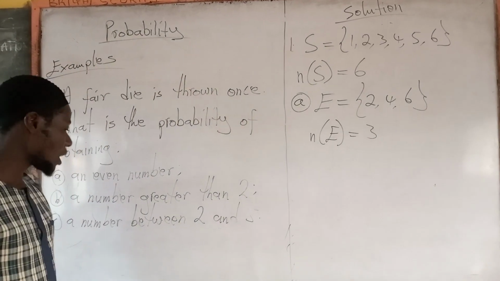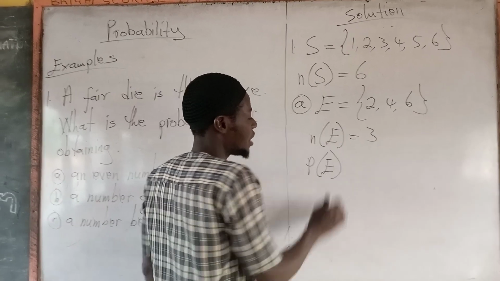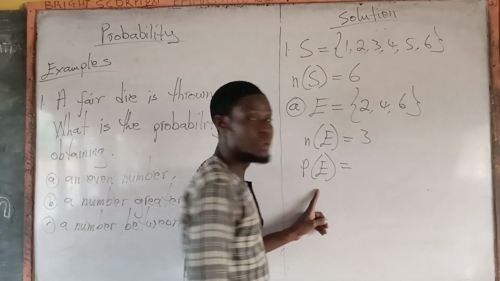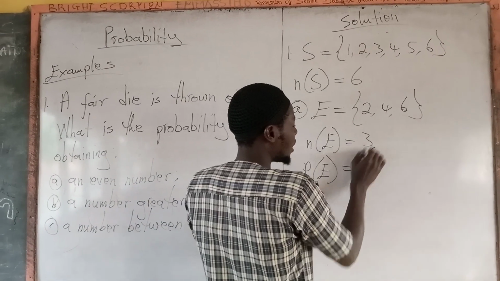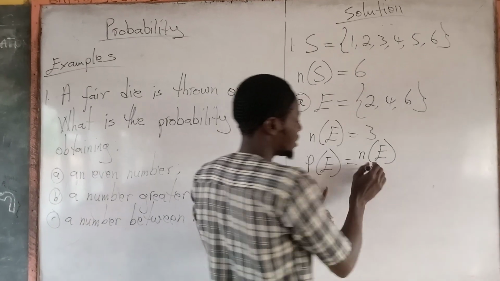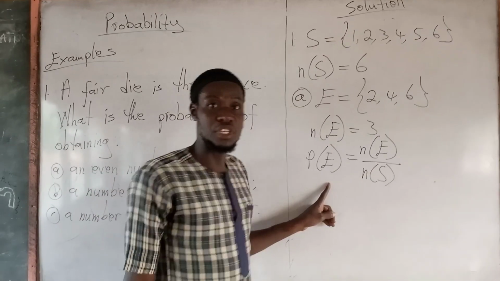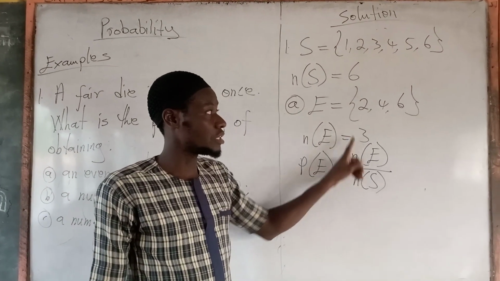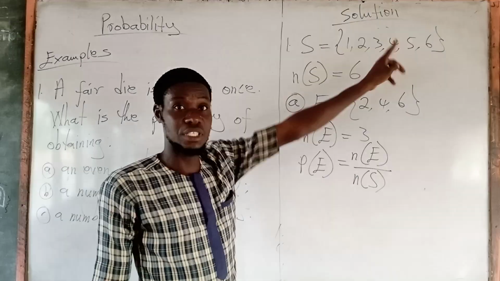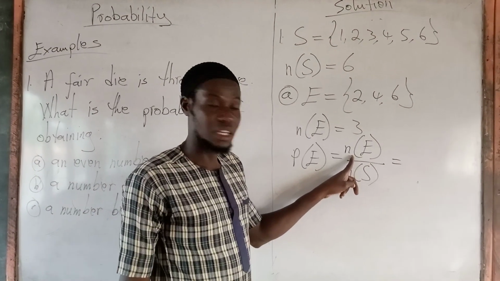Having found that, we then come and find the probability. The probability of obtaining an even number will be equal to the number of elements in the set of even numbers divided by the number of elements in the sample space.